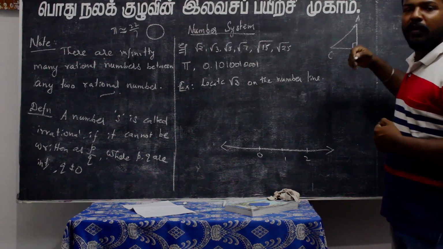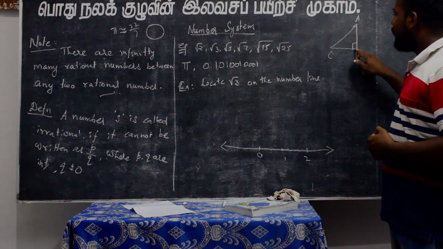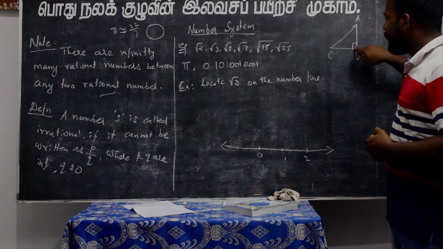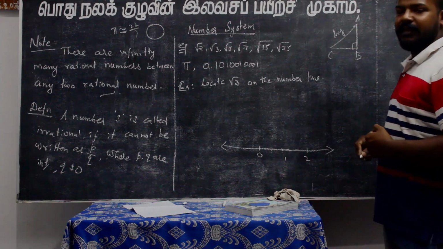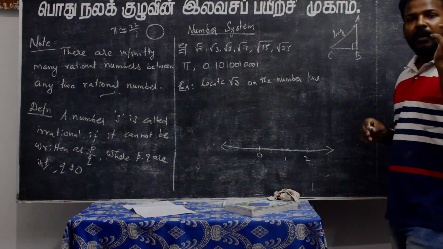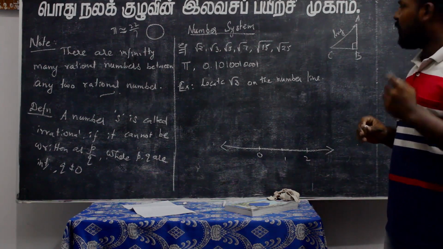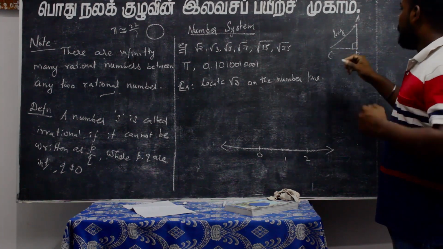So what is the hypotenuse here? The hypotenuse is the side opposite to your 90 degree angle. This is your 90 degree, and the opposite side is your hypotenuse. These are the other two sides. So what is the Pythagoras theorem? Hypotenuse square.